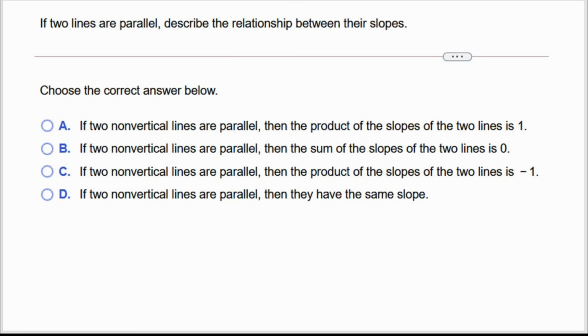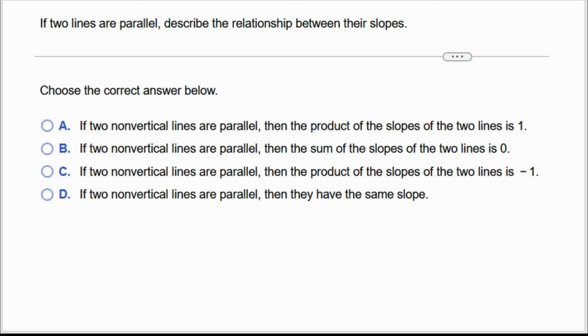Or B, if two non-vertical lines are parallel, then the sum, we add up the slopes of the two lines and we get 0. Does that sound like something? C, if two non-vertical lines are parallel, then the product of the slopes, multiply the slopes, of the two lines, we get -1. Does that sound about right for parallel lines?